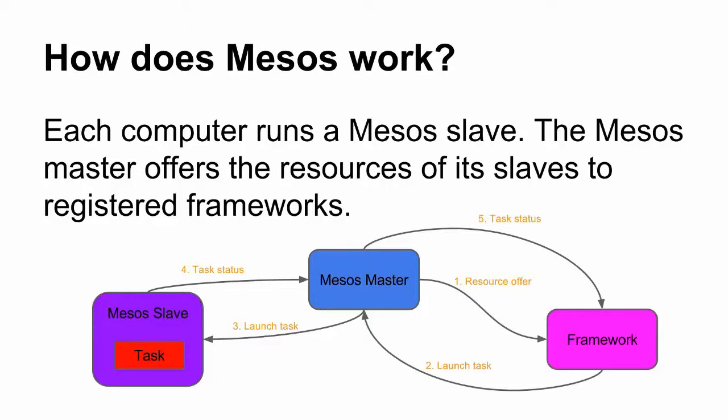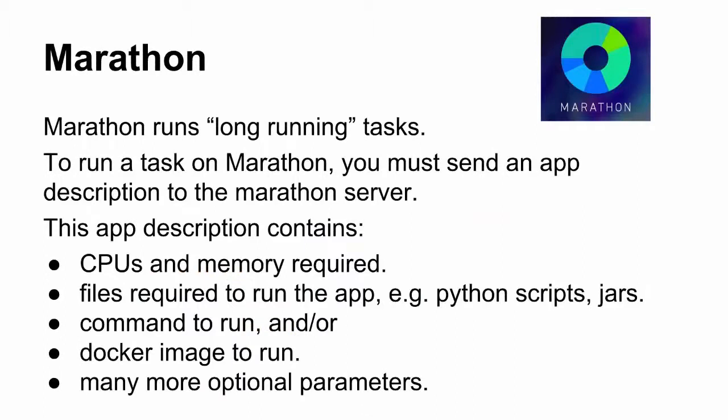That description is forwarded onto the appropriate slave, and that slave will launch that task. Once the task is running, the slave will reply with the task status, and the Mesos master will forward that task status to the framework. That task status forwarding is done constantly, so that if anything does ever change, then the framework can act appropriately.